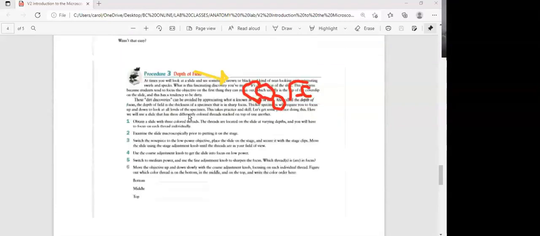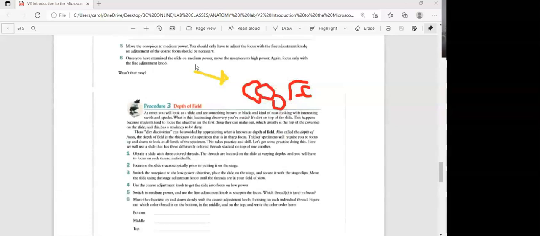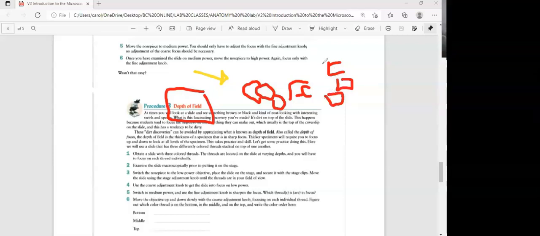So that's why you also have something to practice, which is going to be called the depth of field, right? Because remember, you have to understand that if you look at this from top to bottom, some cells are going to be here, other cells are going to be down here, other cells are going to be down here. So you need to understand that, yes, you may see it sort of flat, but it is not, right? Because remember, these are three-dimensional structures, even though when they are cut.